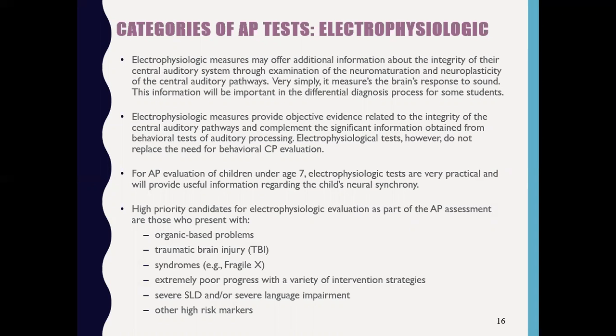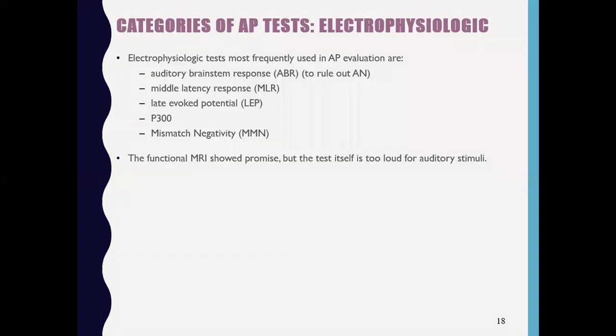And the goal of electrophysiology is to validate behavioral tests or have the information match up. So the most common electrophysiology tests used would be the MLR, the late evoked, the P300, and the mismatch negativity.